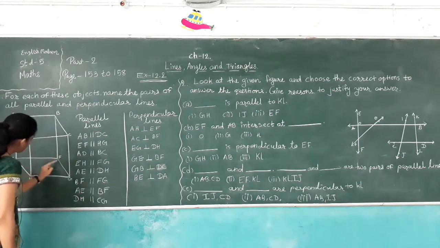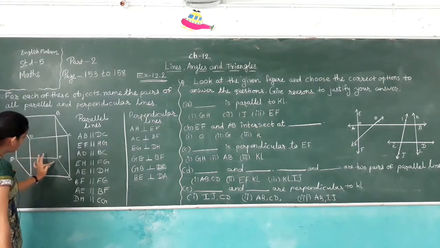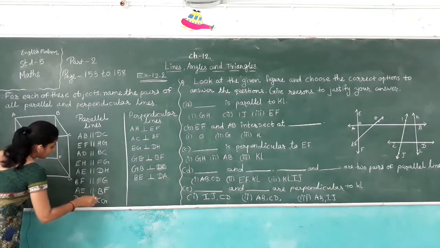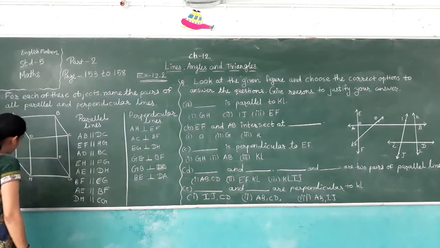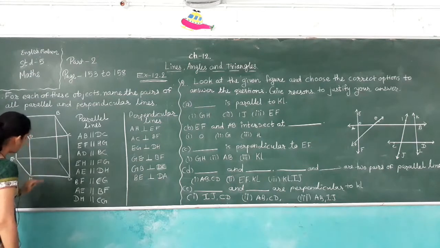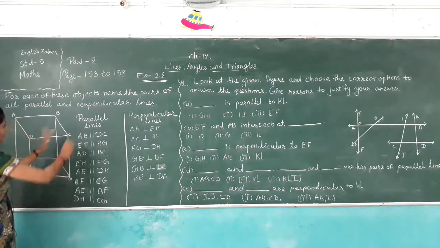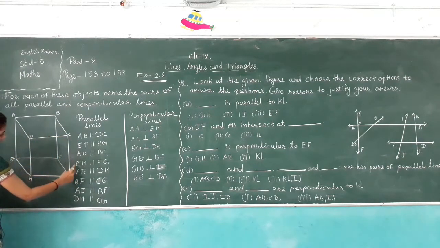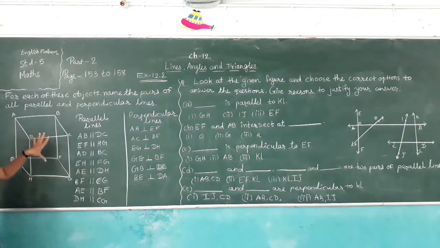Then BF parallel to CG. Then AE parallel to BF and DH parallel to CG. These are all parallel lines. 1, 2, 3, 4, 5, 6, 7, 8. We find 8 pairs of parallel lines.